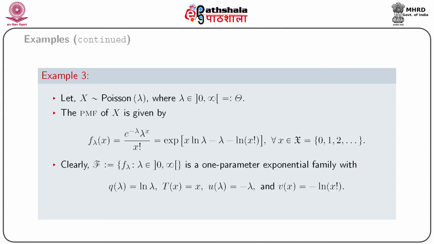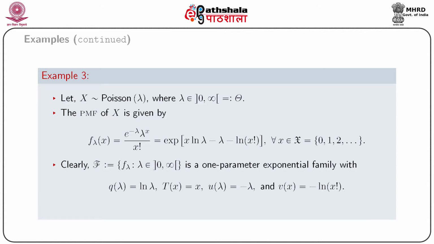Next, we consider third example. Suppose x follows Poisson with parameter lambda. Then the PMF of x is f x equals e to the power minus lambda into lambda to the power x divided by x factorial, which can be written as e to the power minus lambda plus x into log lambda minus log x factorial.